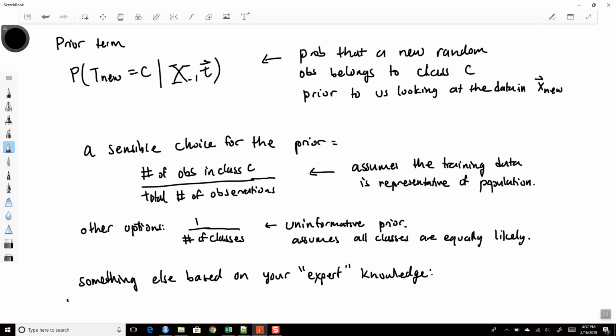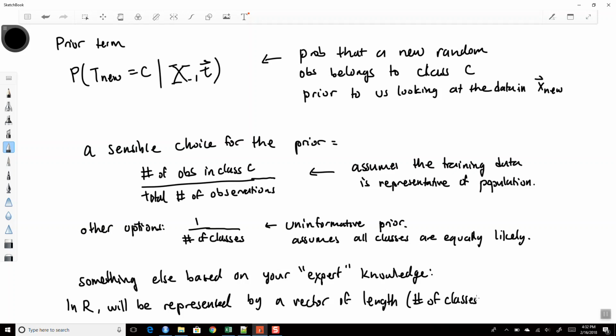So in R it will be represented by a vector of length number of classes that sums to 1, because this itself is a probability distribution, so it has to sum to 1. Okay, so that's the prior term.